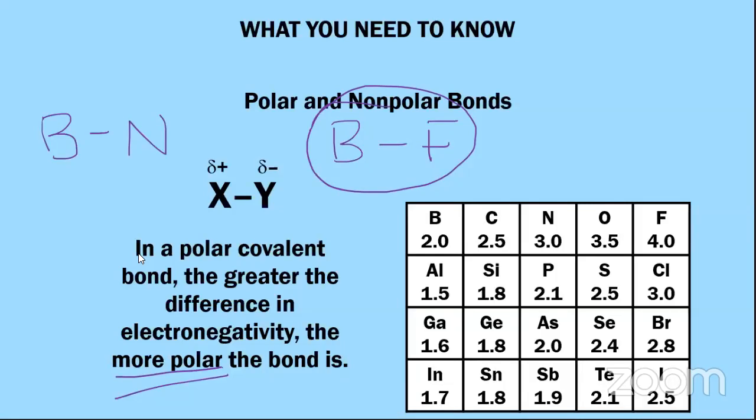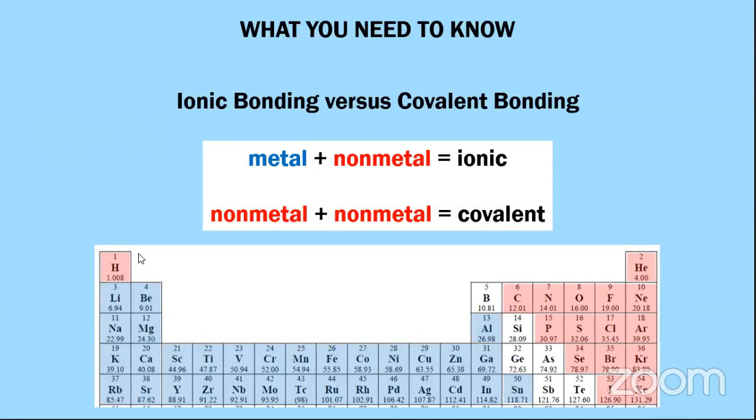Now, this next slide has to do with a general thing that most students learn with respect to bonding, that for a typical binary compound that contains two elements, the metal and the nonmetal, when they bond together, they tend to form an ionic bond, and that when two nonmetals bond together, they form a covalent bond. Now, of course, there is a continuum between covalent and ionic bonding.